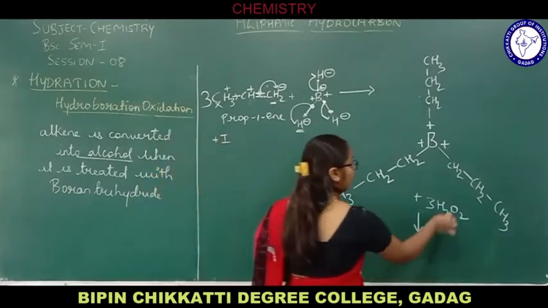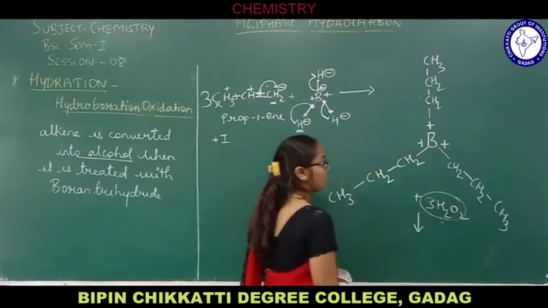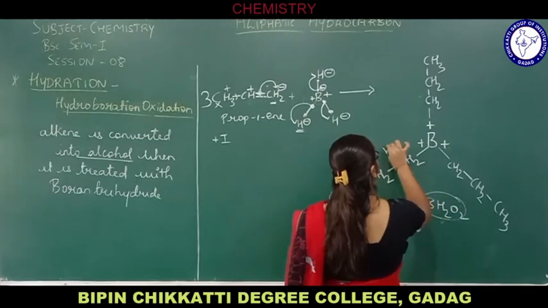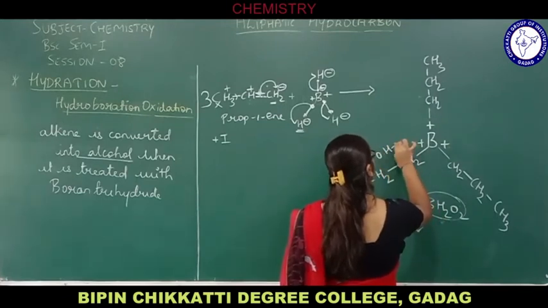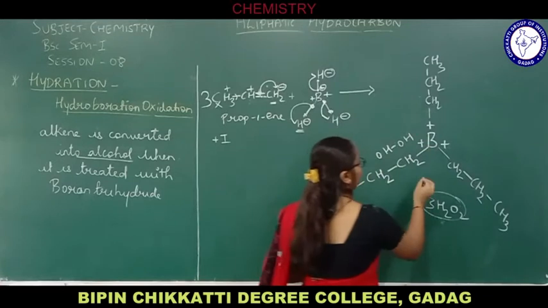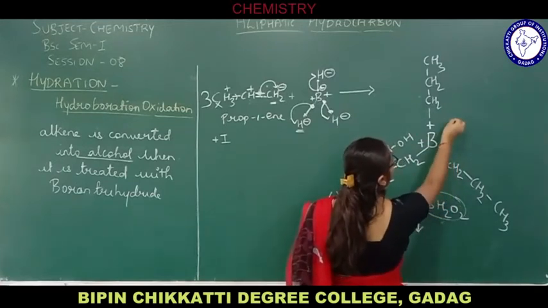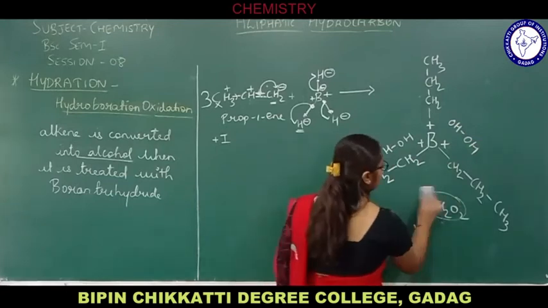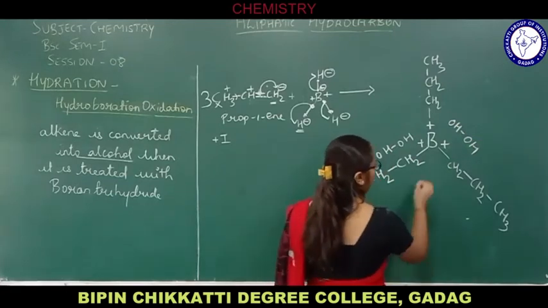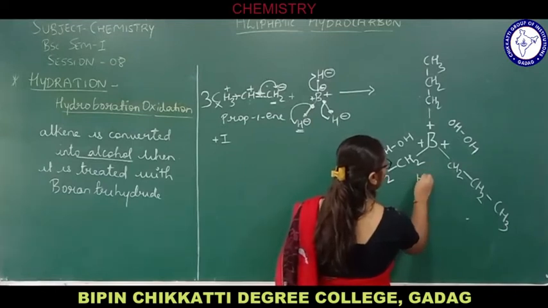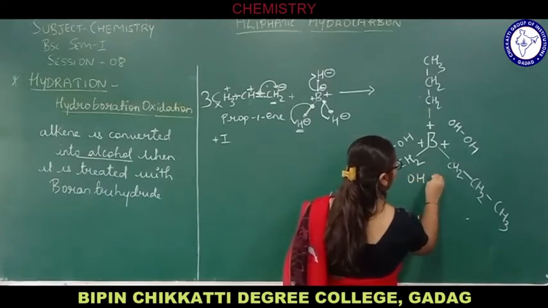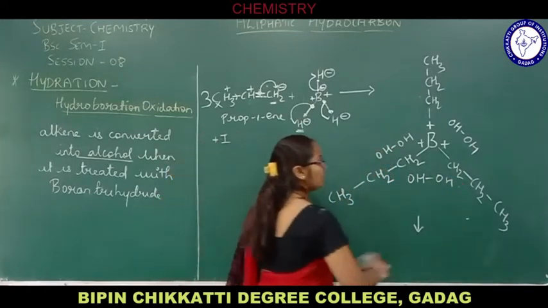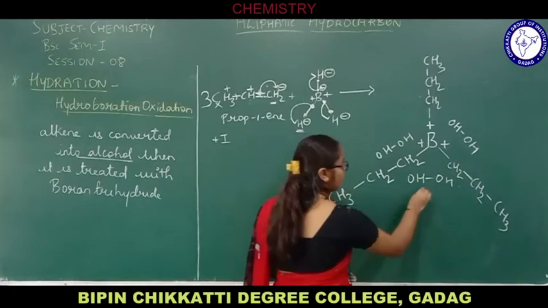These 3 molecules of hydrogen peroxide will add in such a way that I'll write in this fashion: OH, OH, 1 molecule here, OH, OH, 1 molecule here, okay, the addition of 3 hydrogen peroxide, then OH, OH, okay, done.